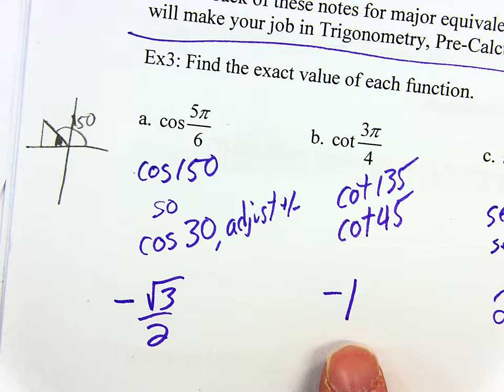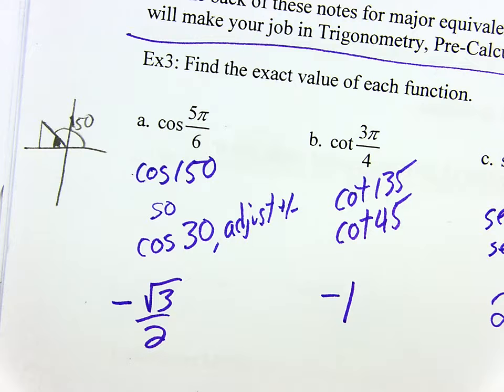How'd you do? Good. Try C by yourself. See if you can get C all by yourself without me telling you what to do. You've got this, because the only thing that's new is going from 5 pi over 3 to whatever that is in degrees, and you've got it right in front of you.